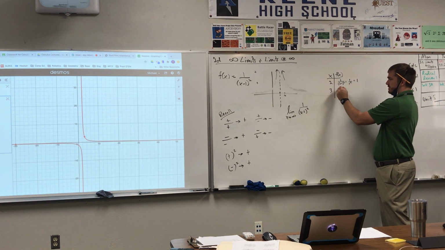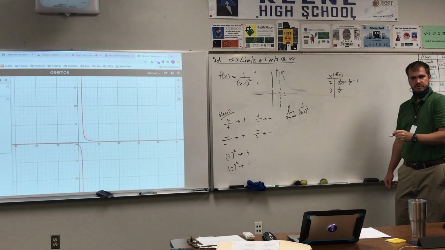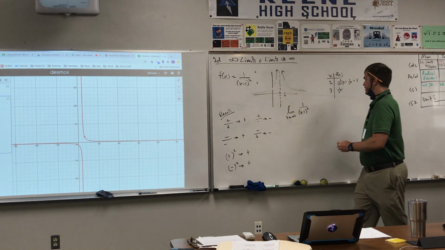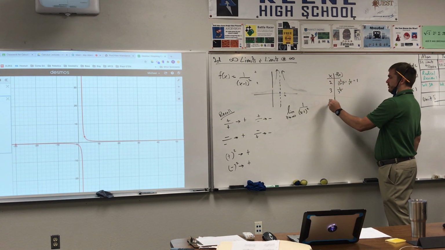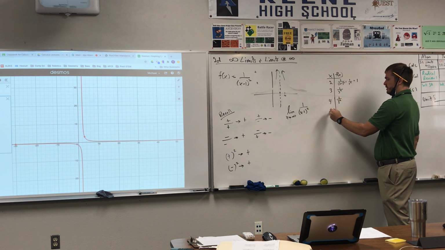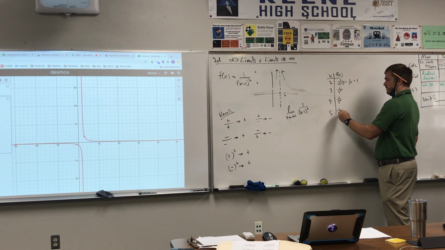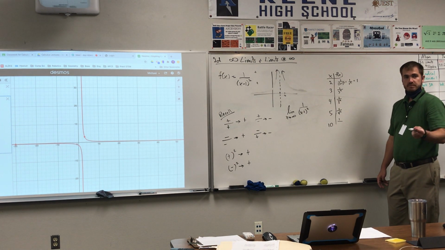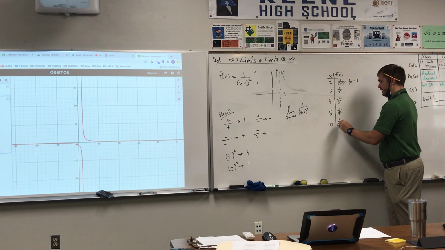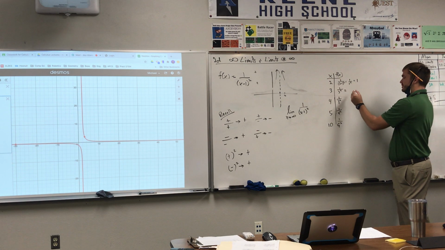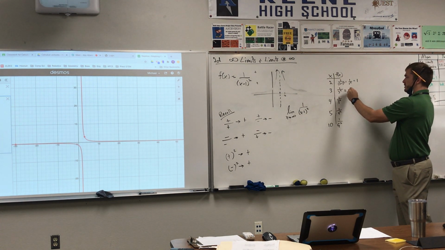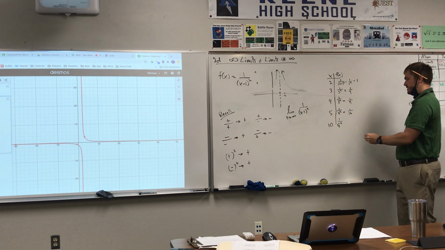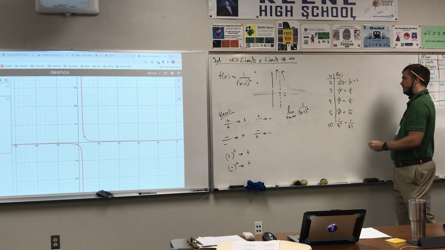So if I have 3 for my x value, this is going to be 1 over 2 squared. When I'm at 4, that's 1 over 3 squared. At 5, that's 1 over 4 squared. At 10, that's 1 over 9 squared. So that's 1 over 4, that's 1 over 9, that's 1 over 16, that's 1 over 81.